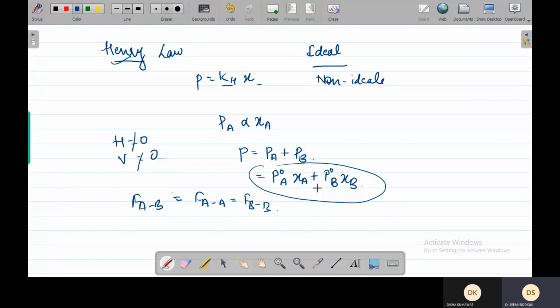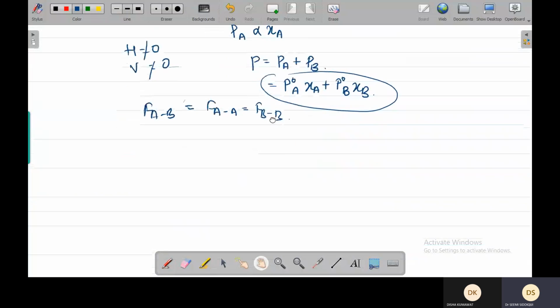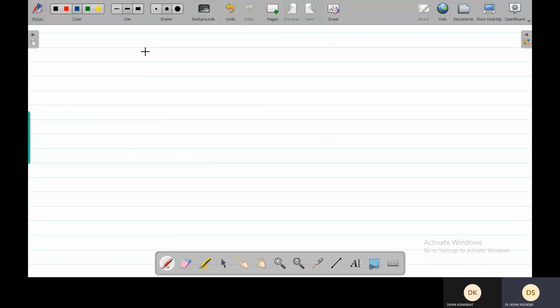Now, in the case of relative lowering of vapor pressure, what happens over here? In this, we say when there is an addition of a non-volatile solute to a volatile solvent, it decreases the escaping tendency of the solvent molecules from the surface of the solution, because some surface area is occupied by the non-volatile solute particles.